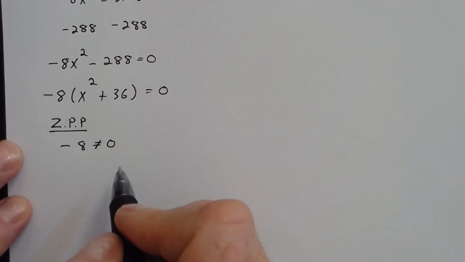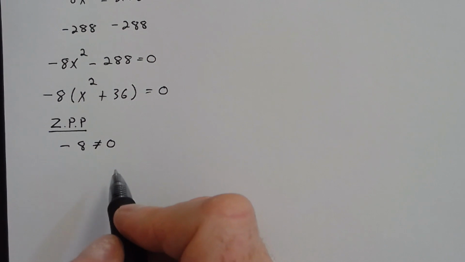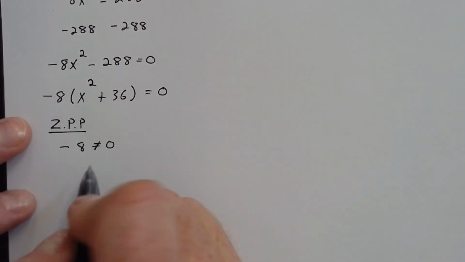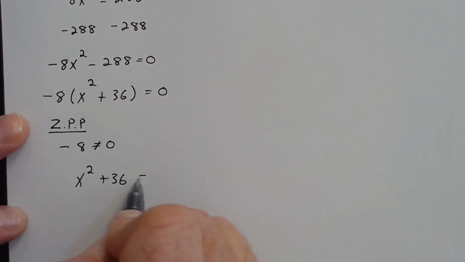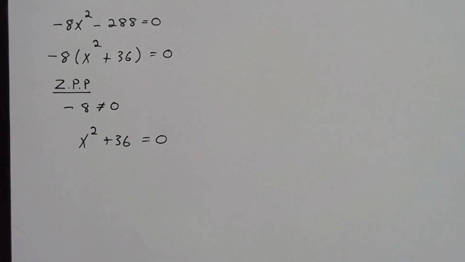But what we know for sure by the zero product principle is that x squared plus 36 must be equal to 0. That's just logical, right? Because if a times b is 0 and a is not 0, b must be 0. So x squared plus 36 is definitely equal to 0.